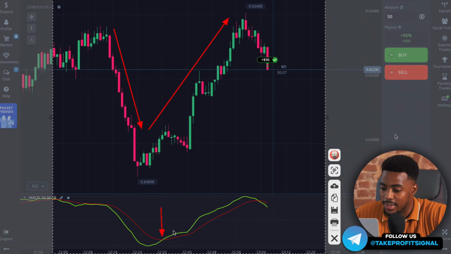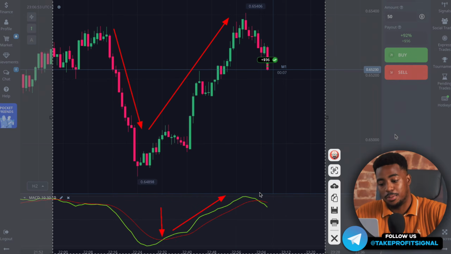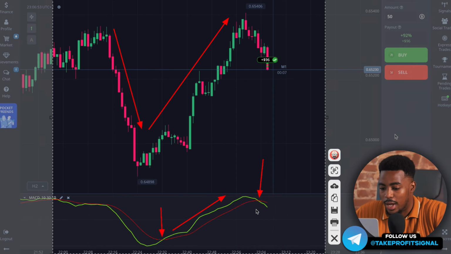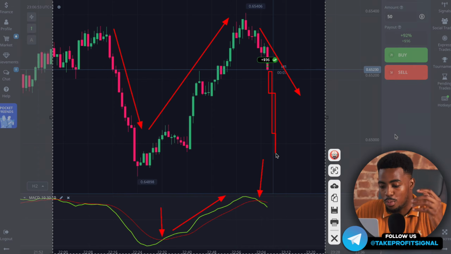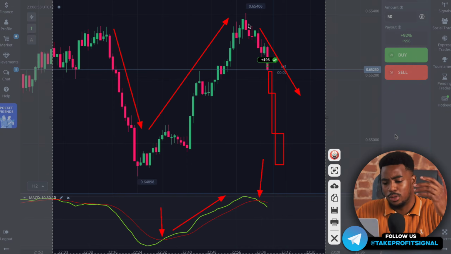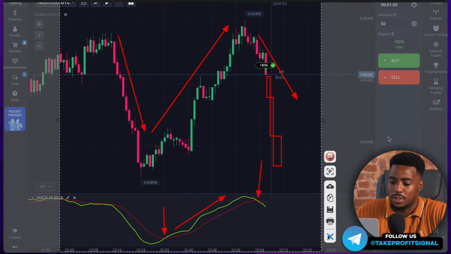You can also notice that the lines are gradually moving upwards as well. Currently, we are experiencing a crossover at the upper part of the indicator. This means that a trend change is happening, and I don't know how long the chart will continue to move downwards. It may drop rapidly or only undergo a slight correction.